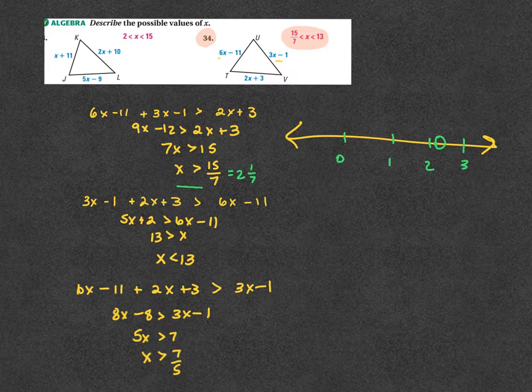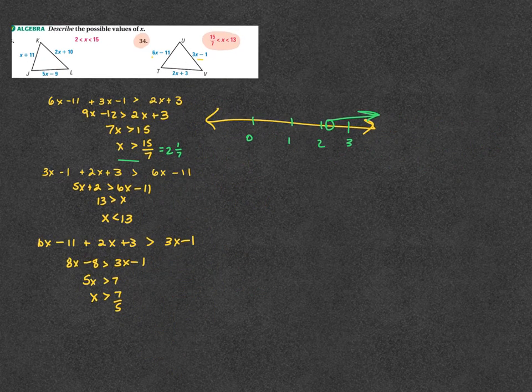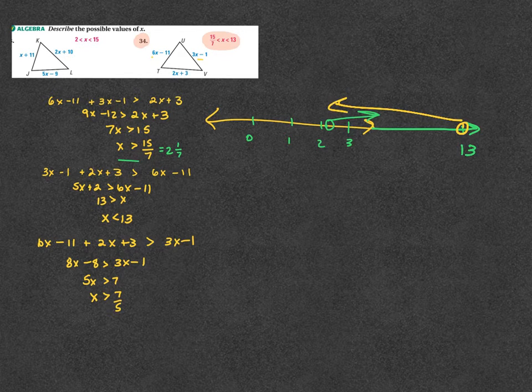And it's got to be bigger than it. So it's got to be everything to the right of that. Then the next one said it's got to be less than 13. So if I had extended this line all the way out, at some point I would have hit 13. It's got to be less than 13. So it's got to go that way. And then the last one says it's got to be greater than, this would be 1 2/5. So 1 2/5 would be about here.